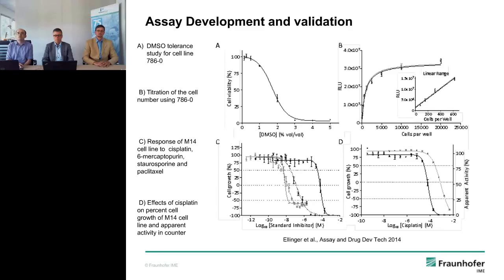So here for cisplatin, for instance, we can see the toxicity of the compound is what you expect at 72 hours. But at much shorter time points, and here it's in the gray line, you can see you also get an effect. I'll make that a bit more clear.